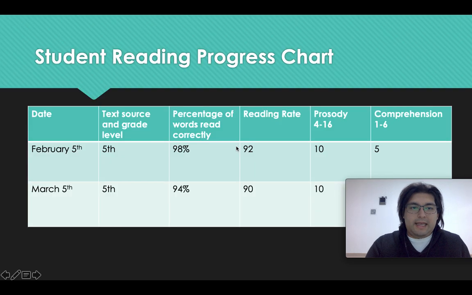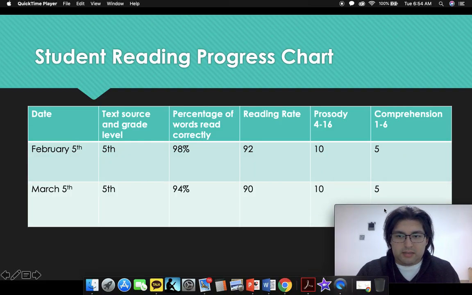That can then go into one of these handy grids, the student progress chart. You can do it monthly or however often you see fit to keep an eye on a child's progress.